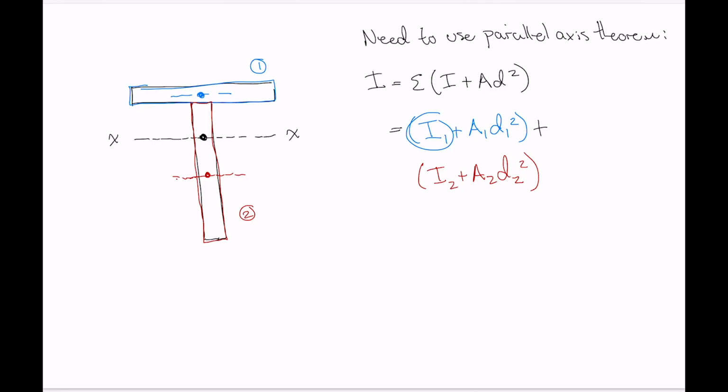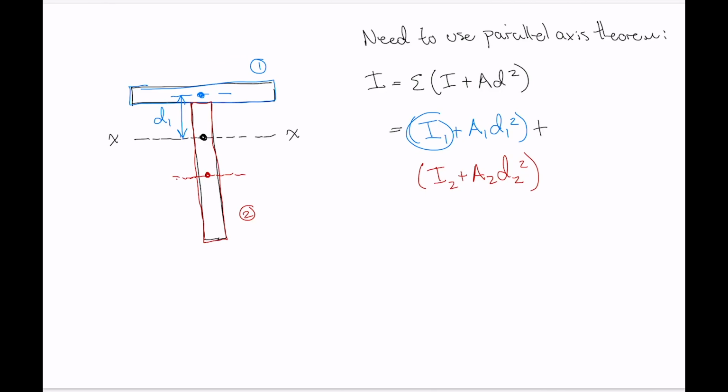A1 is the area of that shape, and then our variable D1 that we square, and it's easy to forget to square these. D1 is the distance between the centroidal axis of the whole cross-section and the centroidal axis of shape 1. So this is distance D1 right there.